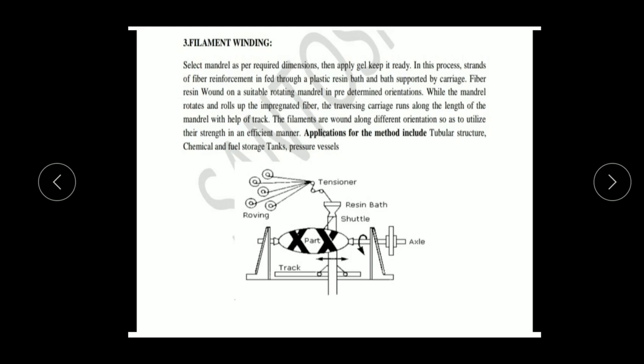The traversing carriage runs along the length of the mandrel with the help of a track. The filaments are wound along different orientations so as to utilize their strength in an efficient manner. Applications for this method include turbine structures, chemical and fuel storage tanks, and pressure vessels. Hope you understand how it works.